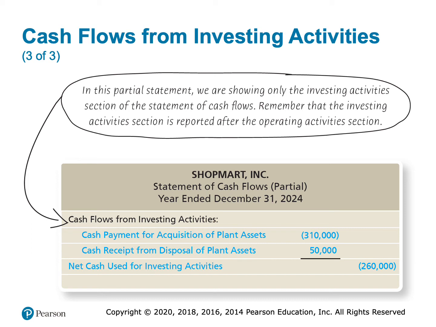It's just if I spent money, I bought the assets, I spent money, it's a negative number. If I got the money in, it's a positive number. But I want to point out that this $50,000 includes that $10,000 gain. So you don't have to do anything special. It's already included in there.